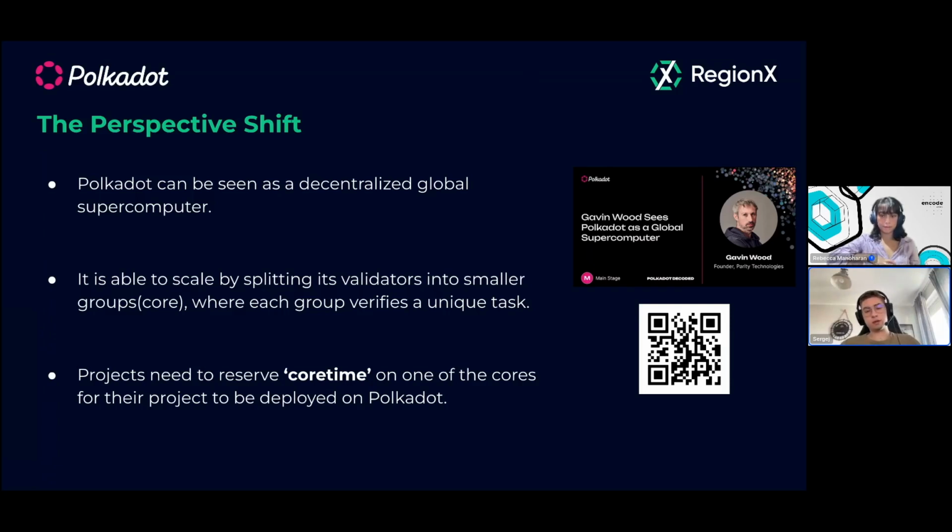So this global computer, compared to other blockchains, let's say like Ethereum, instead of having all of these nodes verify the same things, splits its validator set into smaller groups. We refer to this often as a core, like a computer core. And essentially, each of these cores is able to verify a unique task on its own.